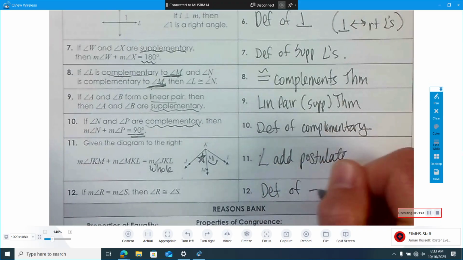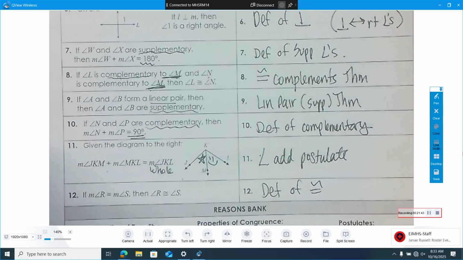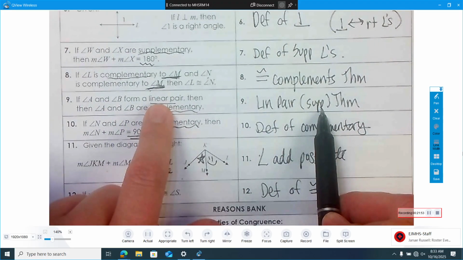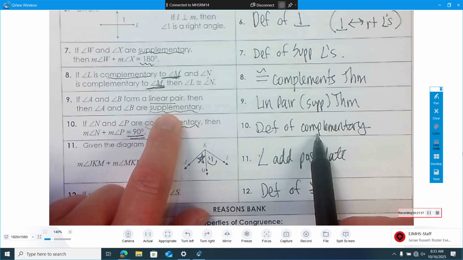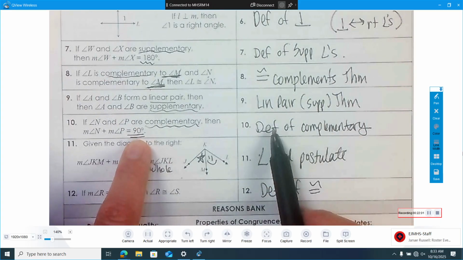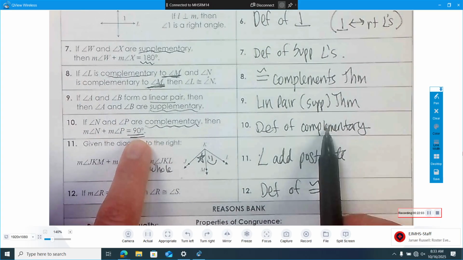I was looking at complementary and theorem and definition. They look alike. So the difference is the linear pair supplement theorem says that if they're a linear pair, then they're supplementary. The definition of complementary says that complementary means 90 degrees.